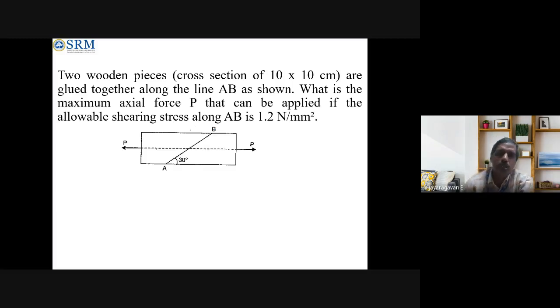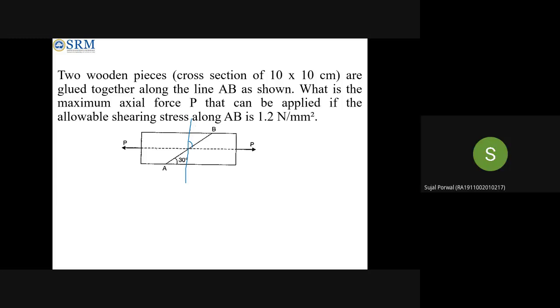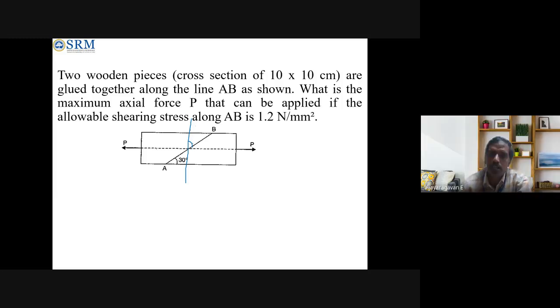Here also this is 30 degrees. This will be your normal plane. If this is 30 degrees, what will be this angle? Because this is the inclination with the normal plane.